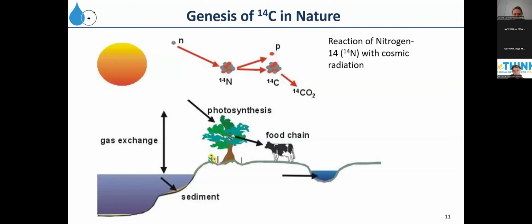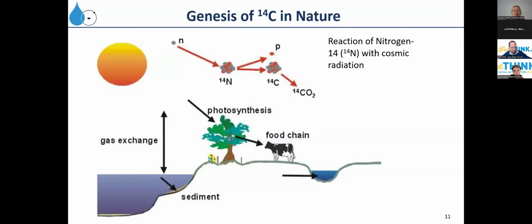The carbon-14 then reacts with oxygen and is in the atmosphere, of course. Any plant uses only CO2 from the atmosphere to build its molecules. Therefore, every carbon isotope in a plant comes from the atmosphere. So any plant today has 100% modern carbon.